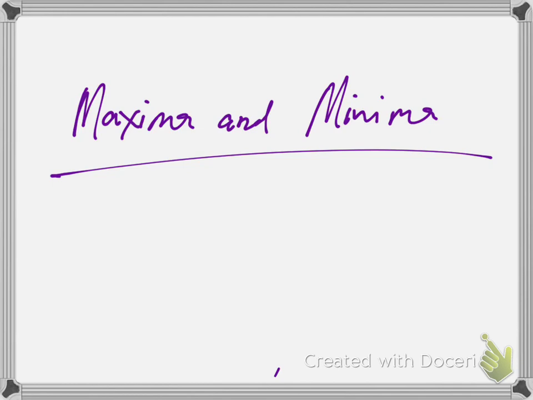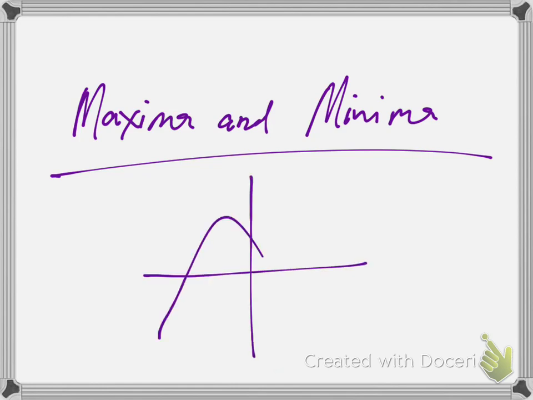Moving on. Let's do a couple of questions on maxima and minima, and a quick visual would be, if you have a function, when it goes over a hill, that means something. If it's a valley like that, it means something else. One of them is a maximum, one of them is a minimum. This is a minimum, and that's a maximum.